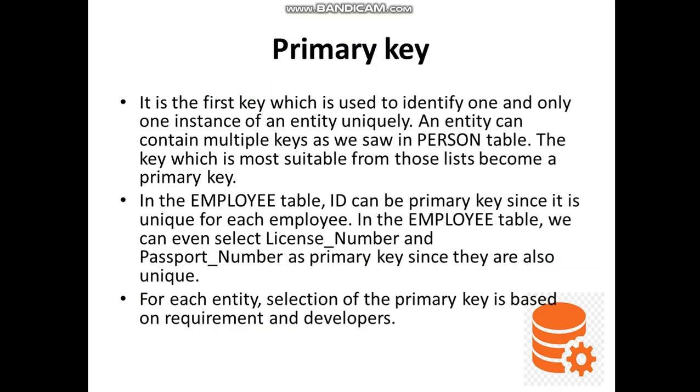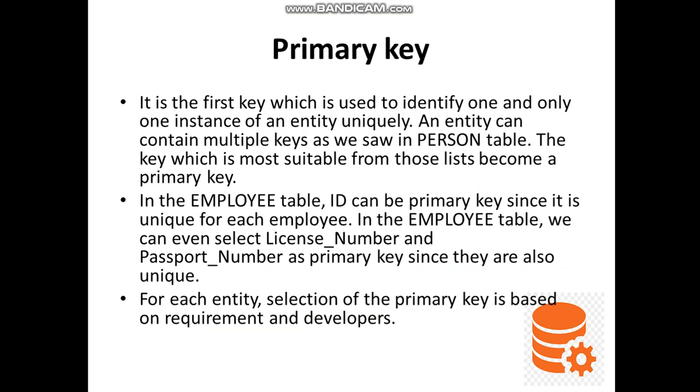Next is primary key. It is the key which is used to identify one and only one instance of an entity uniquely. An entity can contain multiple keys, as we saw in the person table. The key which is most suitable from those becomes the primary key. In the employee table, ID can be the primary key since it is unique for each employee.